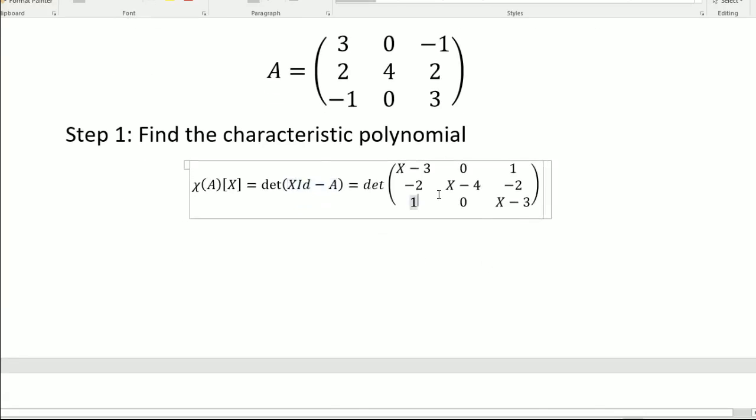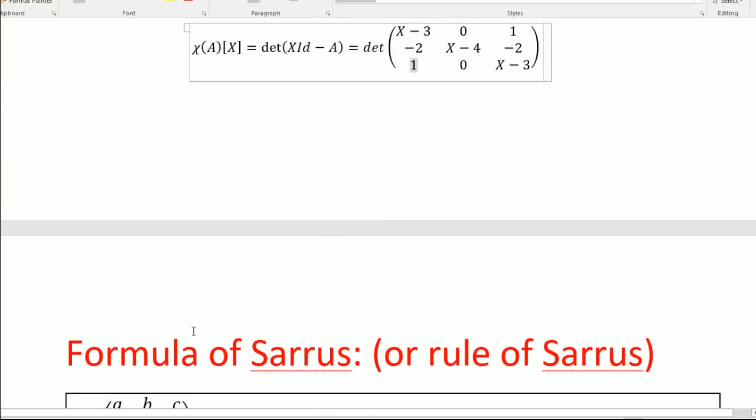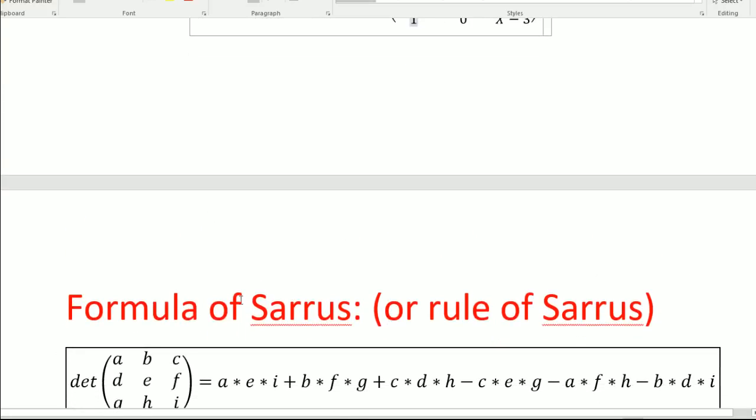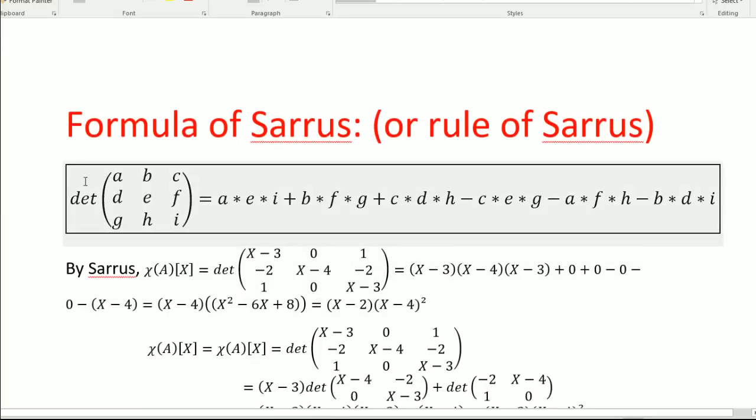So we have this. We can use the formula of Sarrus. It's a very important rule that says that the determinant of a 3 by 3 matrix is actually this times this times this plus this times this times this minus this times this times this, minus this times this times this, minus this times this times this.